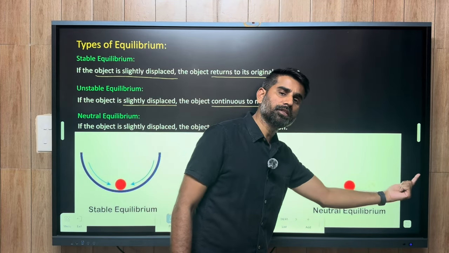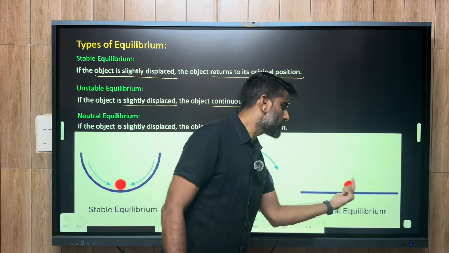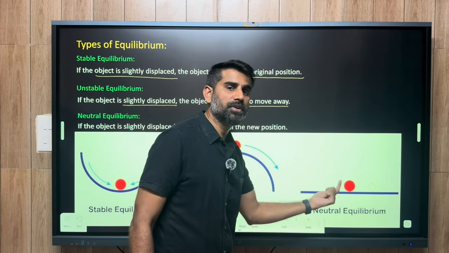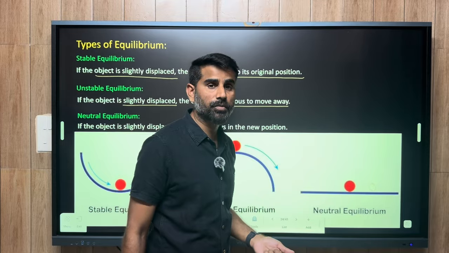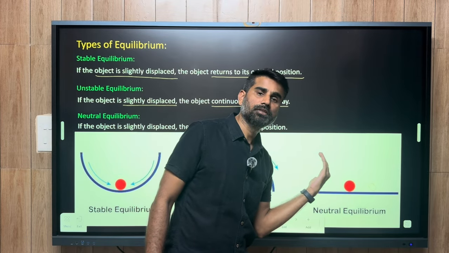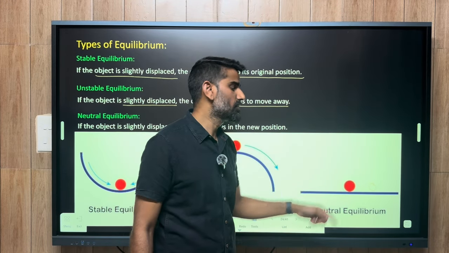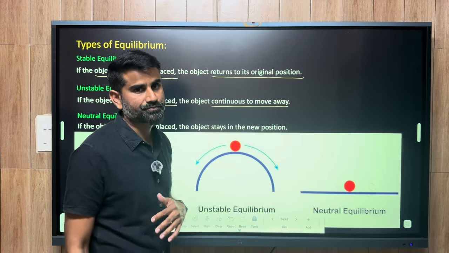If it moves away, we call this kind of equilibrium unstable equilibrium. If it tries to come back to its equilibrium position, then we say that equilibrium is stable equilibrium. As it is not moving away or coming towards the equilibrium position, we say this kind of equilibrium is neutral equilibrium.